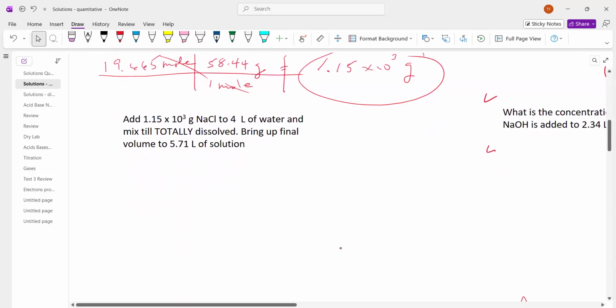Now, this is sort of a trick question, and it will be on the test as well. Okay, if you work in the stockroom, one of the main duties of a stockroom person is making up solutions for all the labs. So they'd have to do this every single day they're in lab.